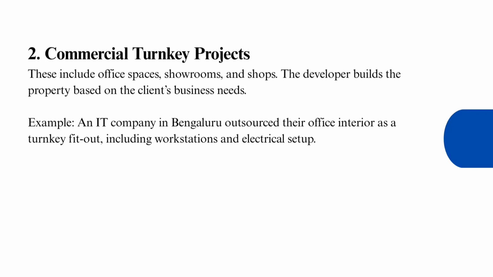Then the next point is commercial turnkey projects. These include office spaces, showrooms, and shops. The developer builds the property based on the client's business needs. An example of this is IT companies in Bangalore or Pune outsourcing their office interior as a turnkey fit-out, including workstations and electrical setup. Then the next is industrial turnkey projects.